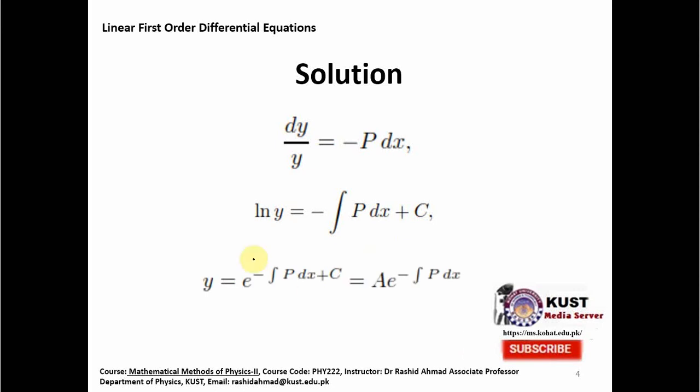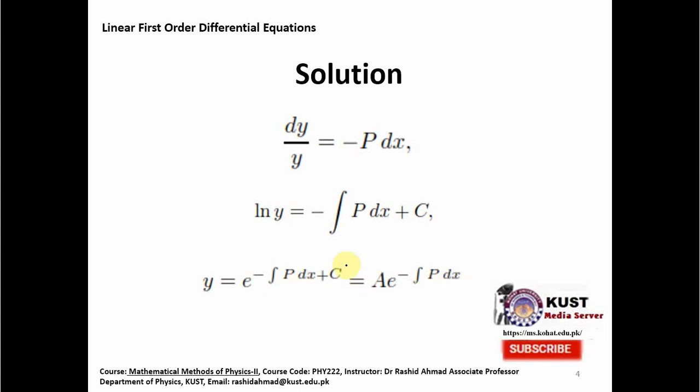And we can make it simpler by taking the exponential, which will cancel out the natural log, and we will get y equal to e raised to power minus integral of p dx plus c, and then this can be written as equal to a into e raised to power minus integral of p dx.